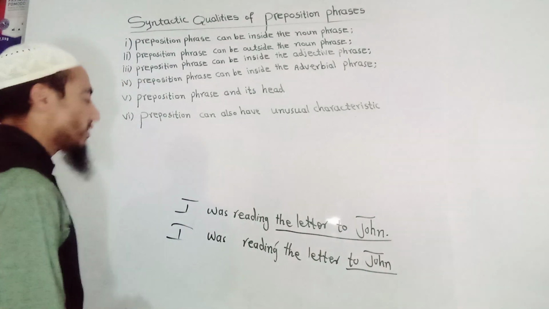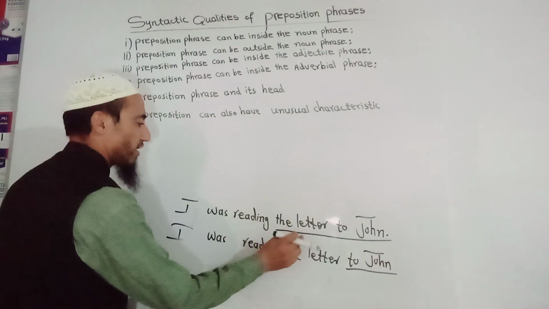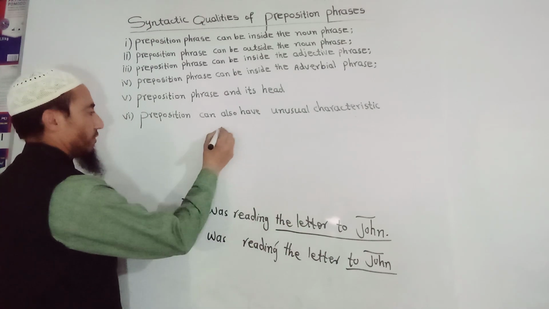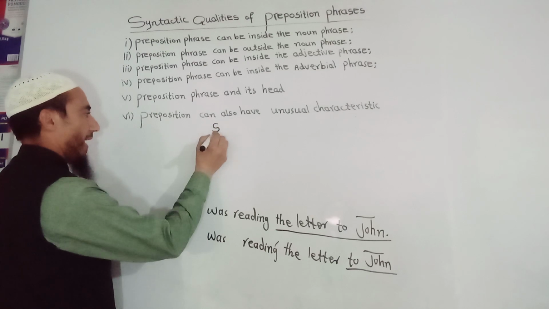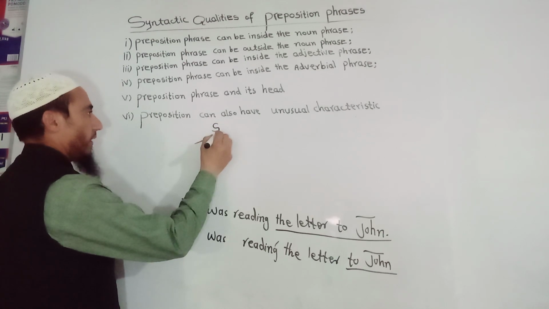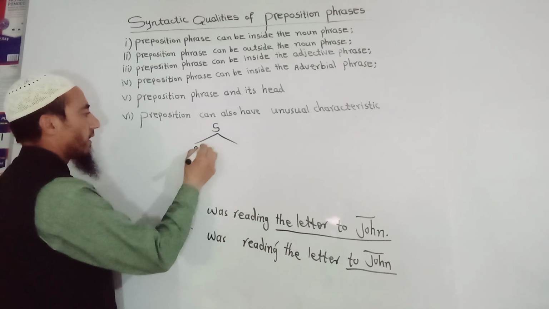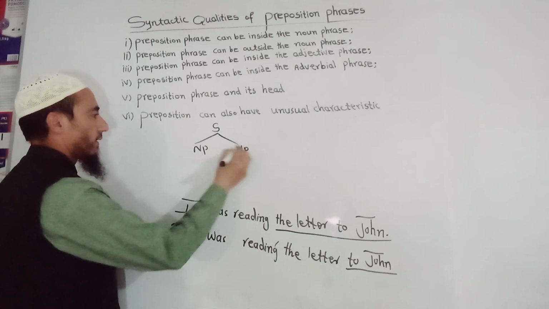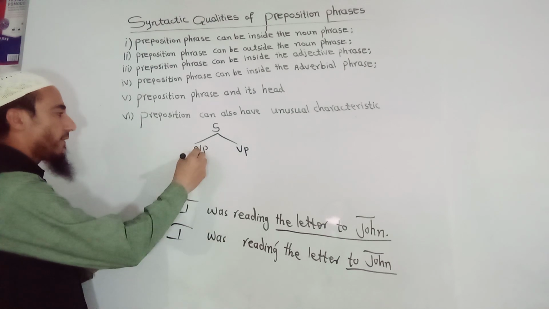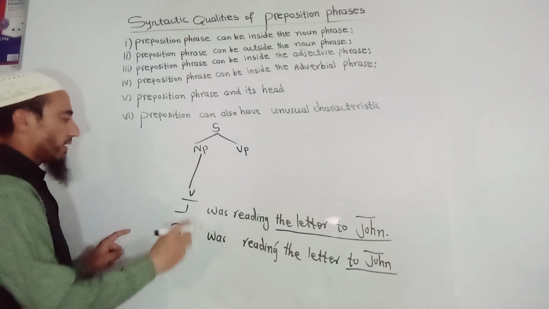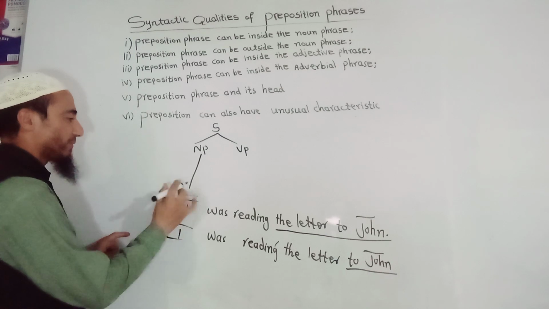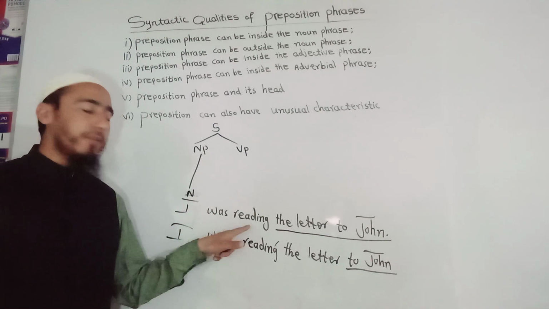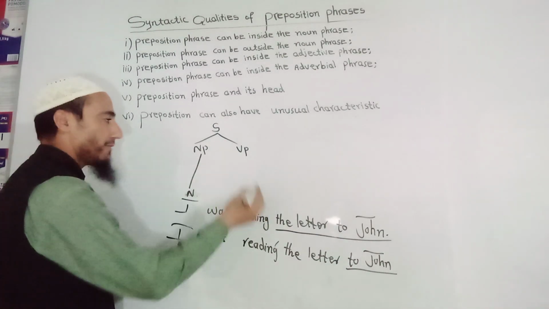Let me draw the tree diagram. First of all, I am taking the tree diagram of this example. In the sentence we have S, which means sentence. Then we have NP. After that we have VP. In NP we have I, which is N. After that we have the auxiliary verb and the main verb.